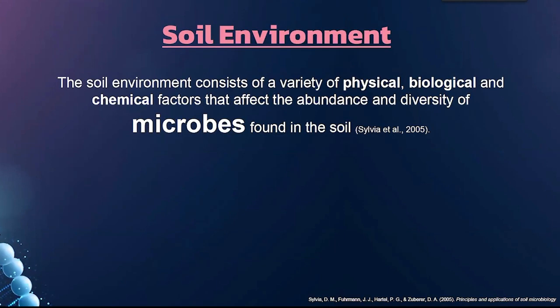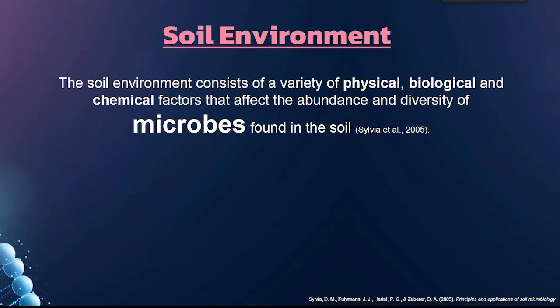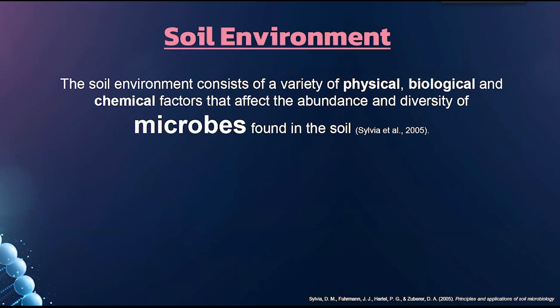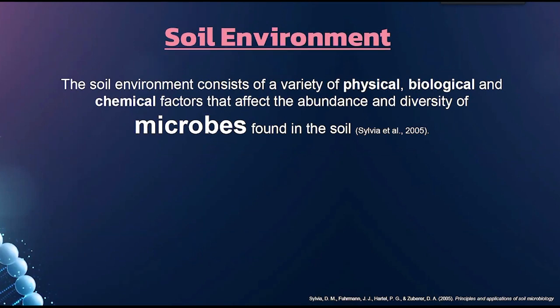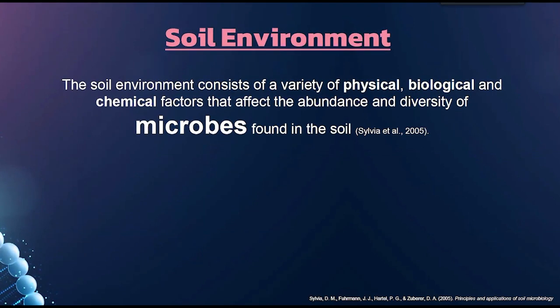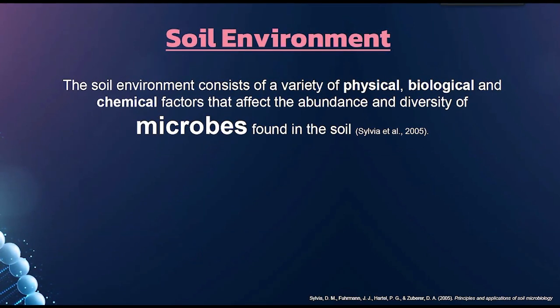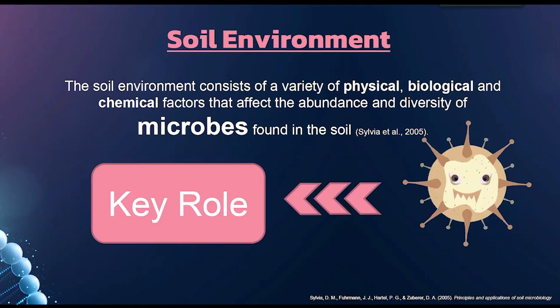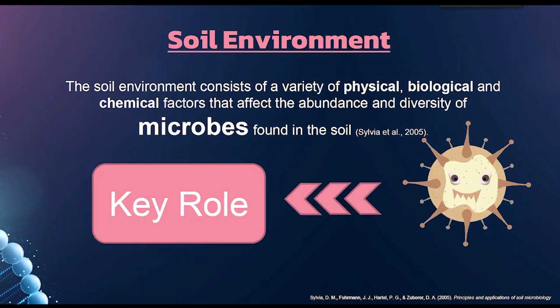The soil environment can be defined as the variety of physical, biological, and chemical factors that affect the abundance and diversity of microbes found in the soil. And perhaps you're wondering why we should study the microbial community. We must study it because they perform a key role in soils.